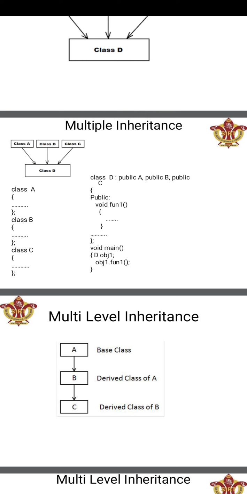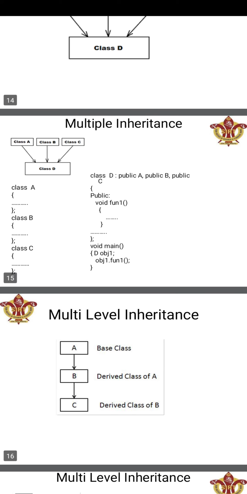It means I can say that in public inheritance there is no change in the sections of the parent class, except private members are not accessed. That's it. If it is in the protected section of the parent class, then it will come into the protected section of the derived class. If it is in the public section of the parent class, then it will come into the public section of the derived class on inheritance. And private members of the parent classes will not be inherited at all. So this is the scenario now.